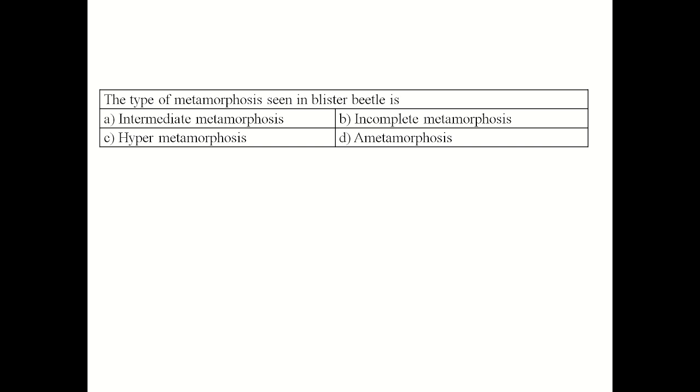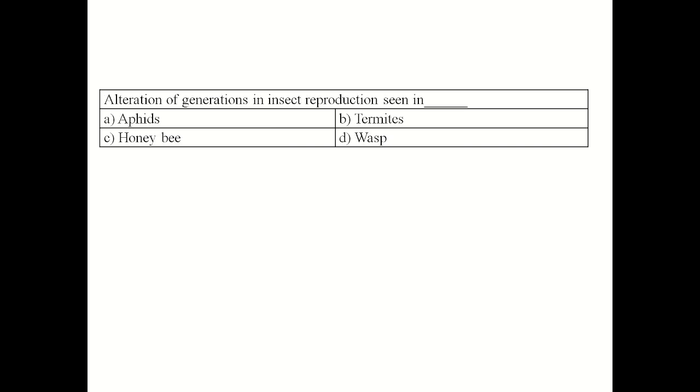The type of metamorphosis seen in blister beetle is hypermetamorphosis. Alternation of generations in insect reproduction is seen in aphids. Mushroom glands are seen in cockroach.